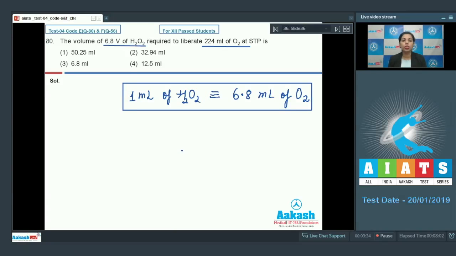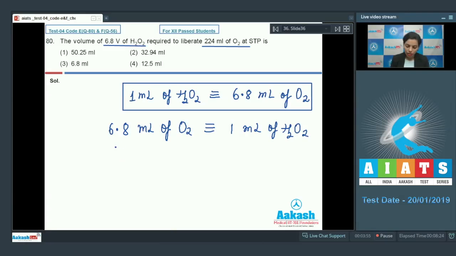On the basis of this, we need to find out the volume of H2O2 required for the liberation of 224 ml of O2. So simply we can say, if 6.8 ml of O2 is liberated from 1 ml of H2O2, then if you want 224 ml of O2, what would be the volume required there?